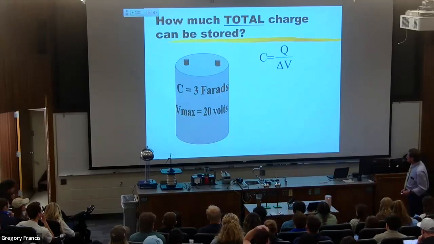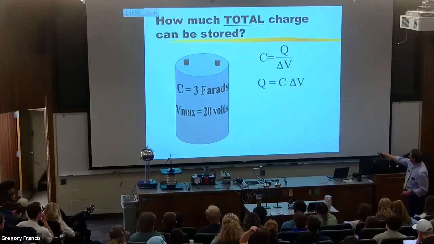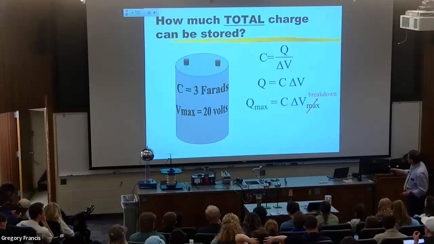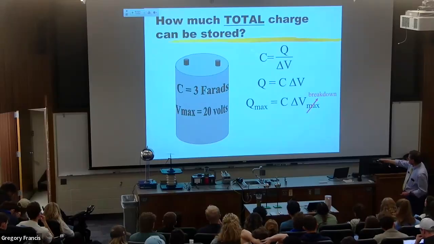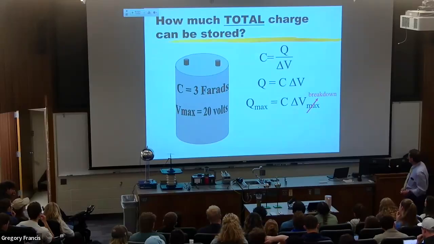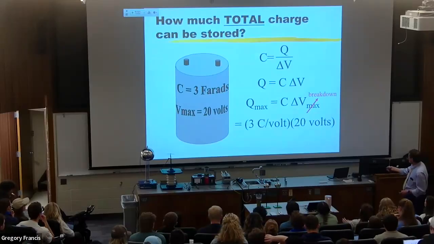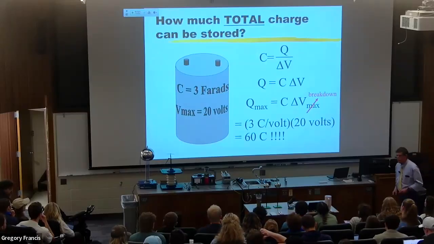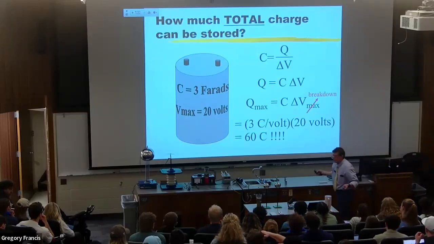If I want to know how much charge I can store in that thing, I just multiply both sides of my equation by delta V. What this says is that I can charge 3 coulombs for each 1 volt, and I'm going up to 20 volts. And so 3 coulombs for each volt times 20 volts is going to give me a total of 60 coulombs, which would destroy Provo.